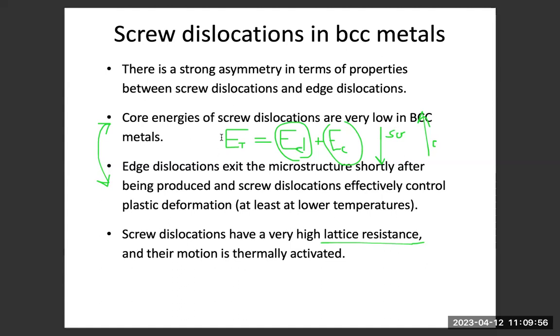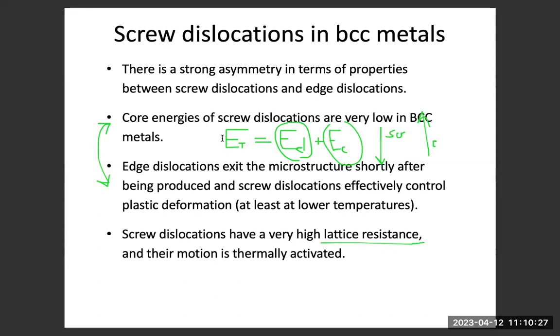The total energy is the line energy, the elastic energy of the dislocation, plus the core energy. Since the core energy is very low in BCC, screw is the dominant dislocation. It's the energetically favorable dislocation over edge dislocation in BCC.